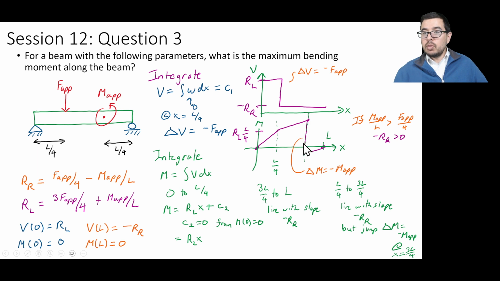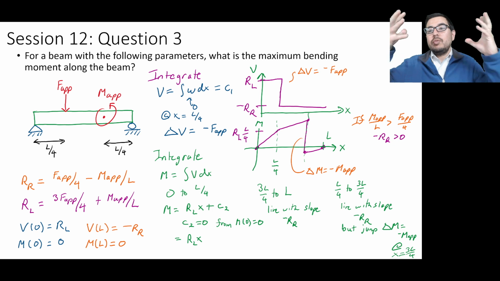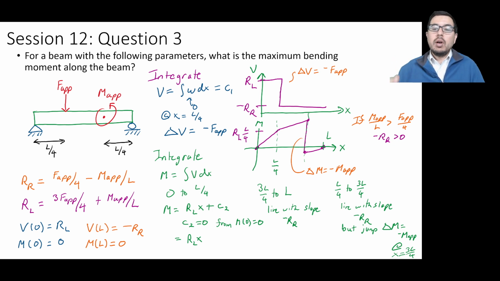So that jump drops us below 0 for the moment, and then it comes up with the same slope that it had from L over 4 to 3L over 4. Wow, that is pretty wild, in terms of not having to do all the math, but still being able to create a graphical representation that has meaning.